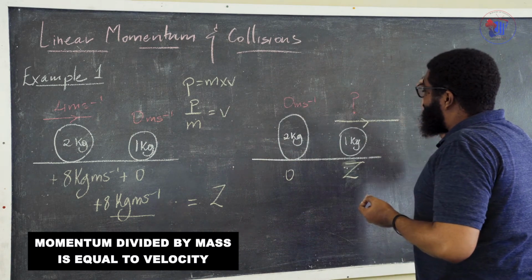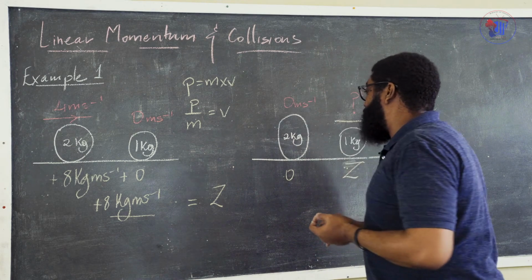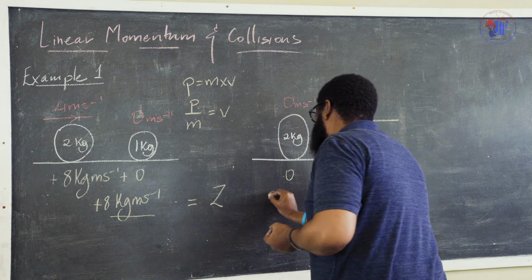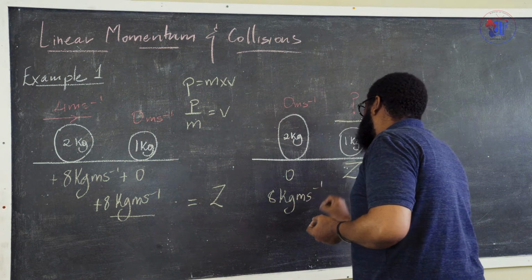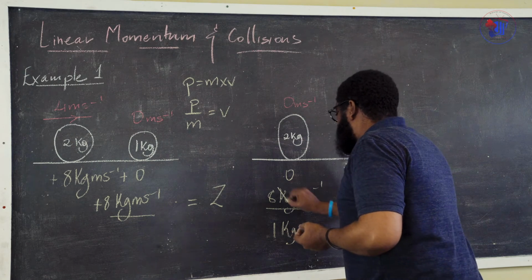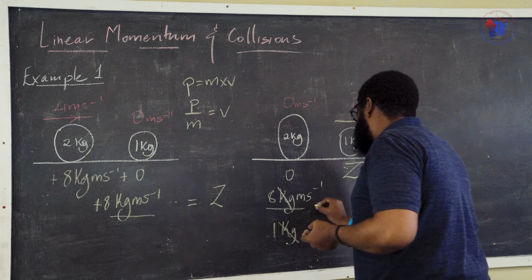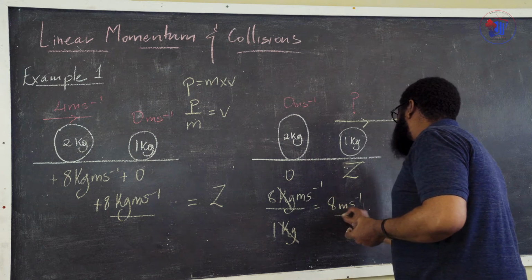So the velocity of our 1 kilogram object will be equal to momentum, 8 kilogram meters per second, divided by 1 kilogram. Yes, the units do cancel out, and the answer we get is 8 meters per second.